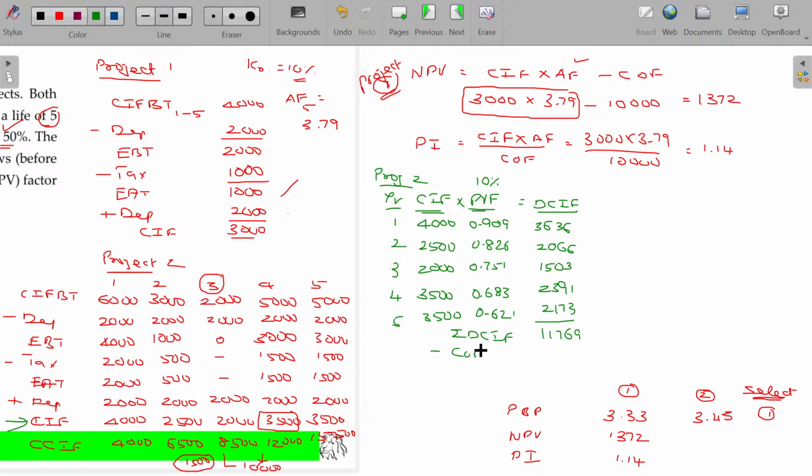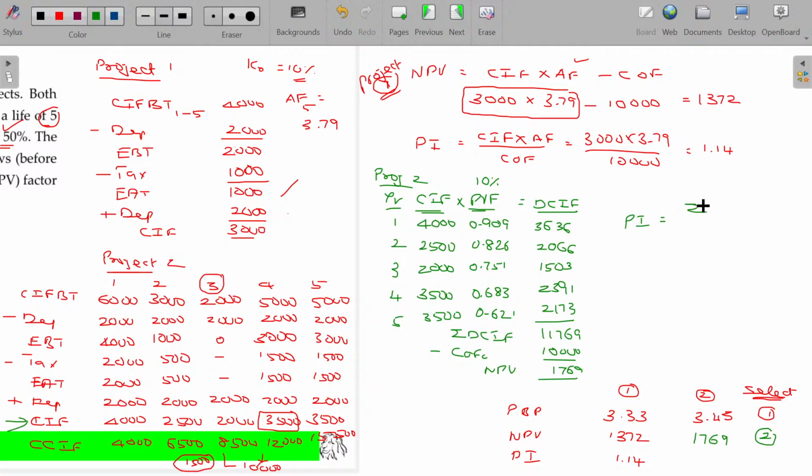From there, cash outflow at the 0th period is going to be subtracted, which is 10,000 rupees. So after that, the ultimate value you get is the NPV. So NPV being 1,769. The project that gives you more NPV will be chosen. So naturally, we have to choose the second project, not the first one. Now we can calculate the PI also.